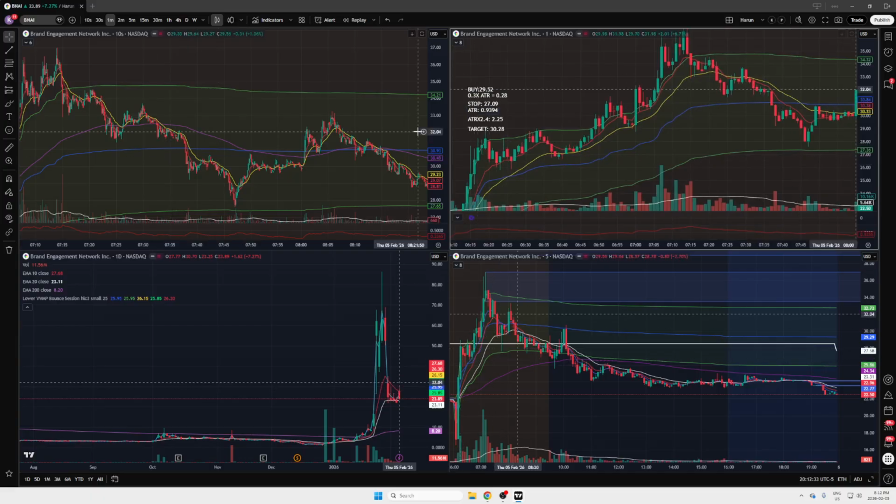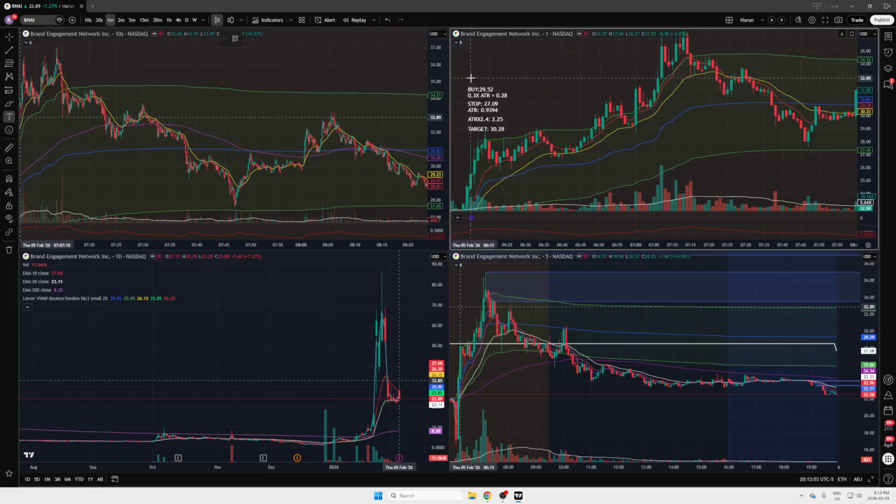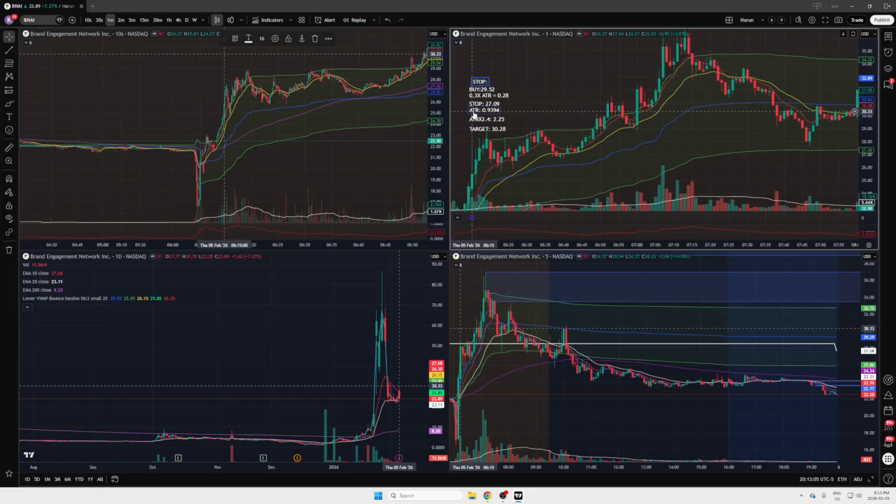Now let me calculate my stop. So it would be 1.3x the ATR, so 29.52 minus 1.3 times the ATR, which is 0.9394, and so your stop is going to be at 28.3 basically.